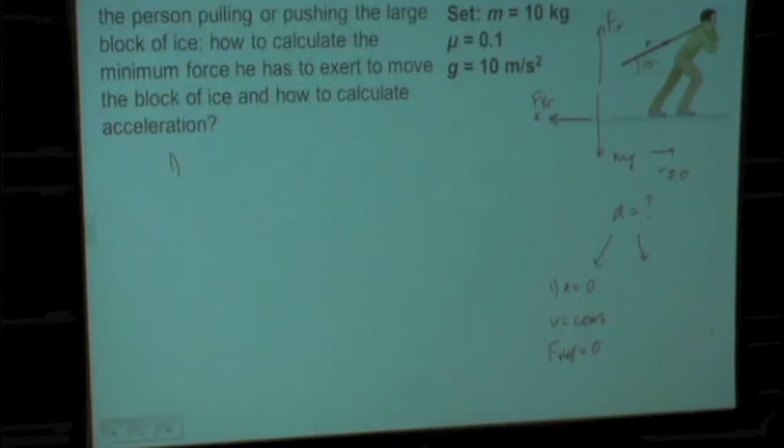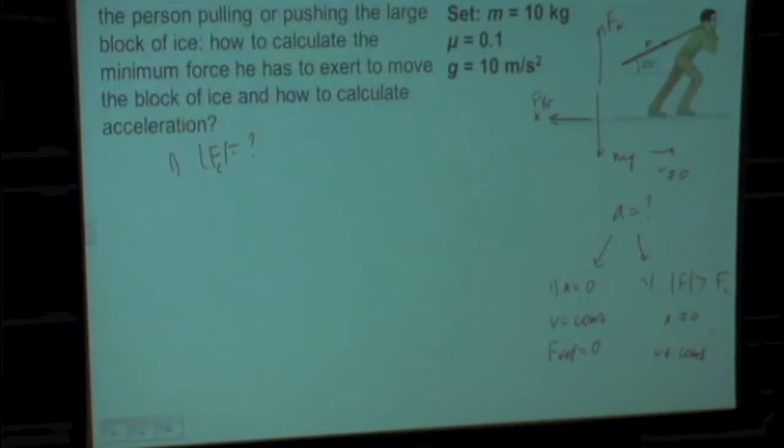That's case one. Case two, the magnitude of the applied force is above that critical value. In that case, acceleration is not zero anymore. Velocity is not constant anymore.